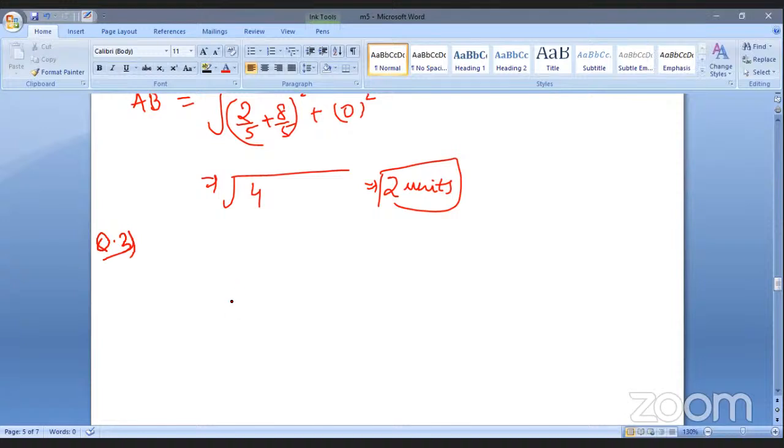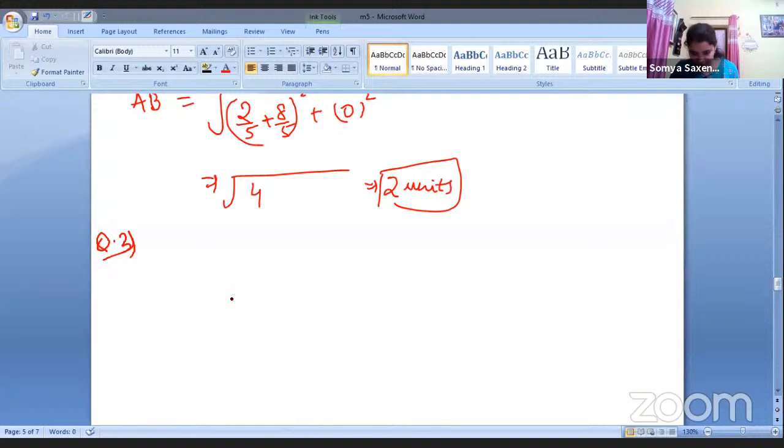Okay. If the midpoint of the line segment joining the points, oh, okay. Look, read the question very carefully. I'm not writing the whole question, please forgive me.